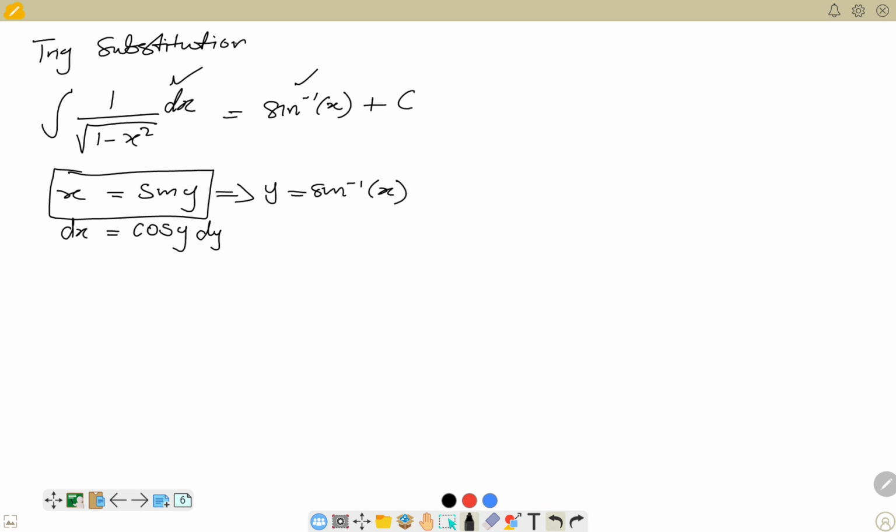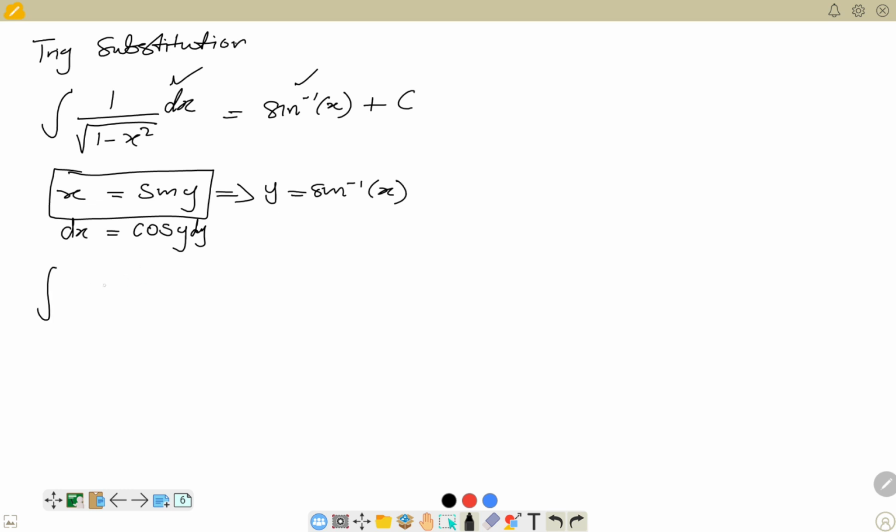And you have to know that dy there comes out like this. It's actually dx over dy. So when you multiply throughout by dy, it's going to come here as dx equals cos y dy. So now we can replace everything in terms of y.